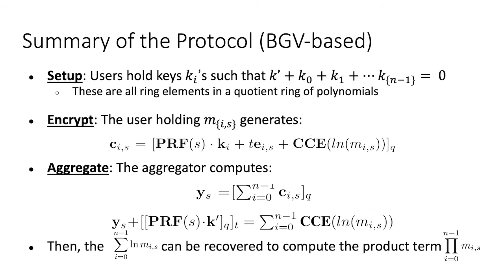Once this is done, we compute the sum to recover the sum of the complex canonical embedding of the natural log of the inputs. Once this is done, we can use our trick from before, where we use the exponential to recover the plaintext and remove the natural log, after first having taken the inverse of the complex canonical embedding.